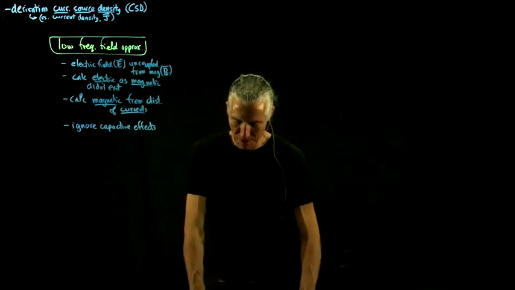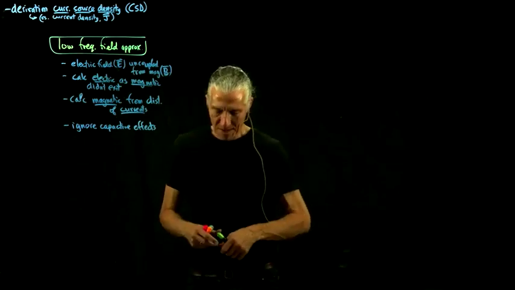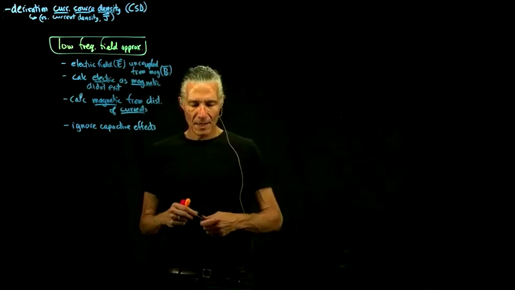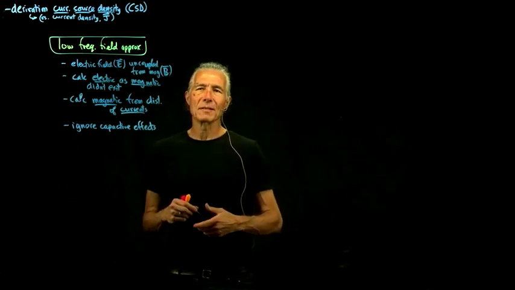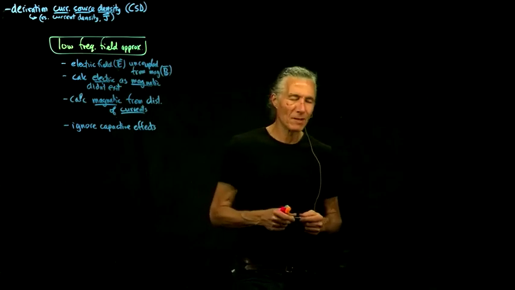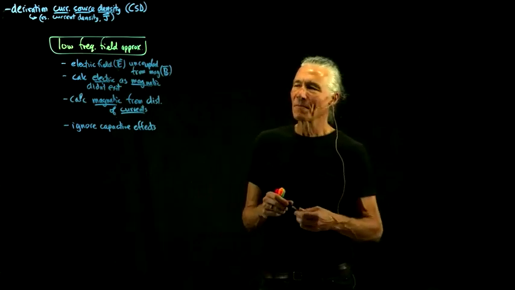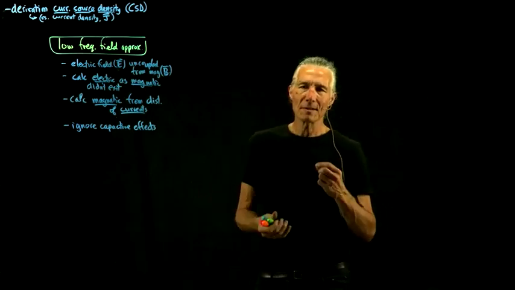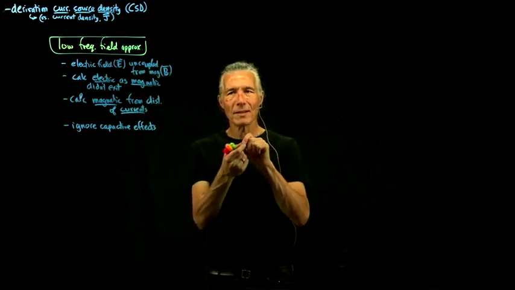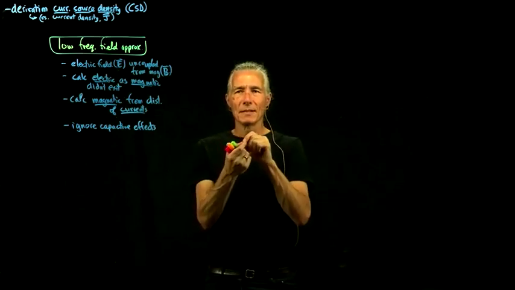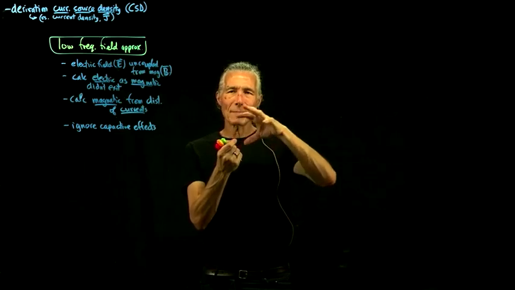And so now what we want to do is just talk about several definitions of the E field. The electric field, the simplest way to think of it is if you have a charge, it's something that happens around the charge.